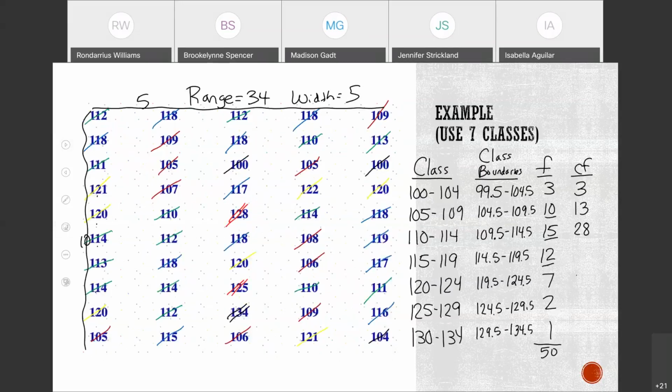Pick up 7 more, gives me 47. 2 more, 49. 1 more, 50. Okay, and that should finish up our chart.